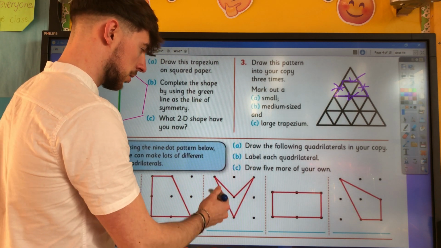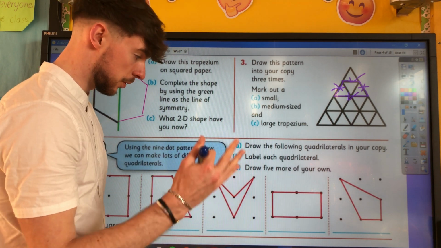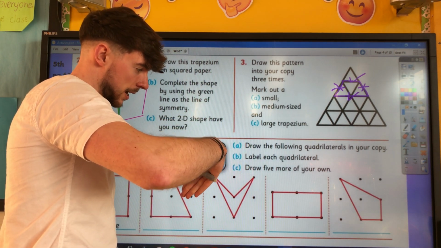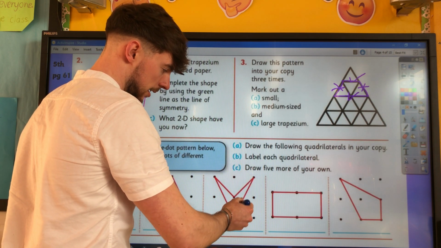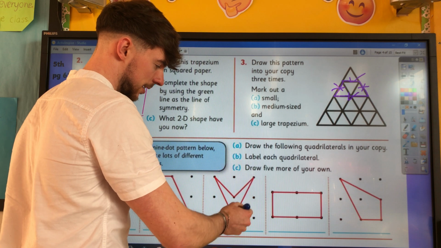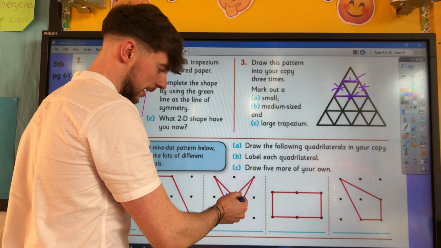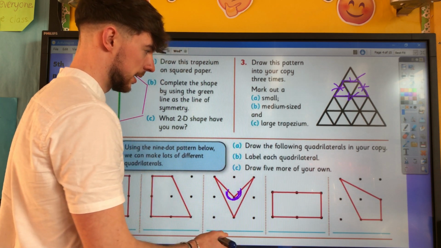Okay, so 1, 2, 3, 4 has 4 sides, but it has an inward angle, doesn't it? So it has this angle here. It's going to make 360 degrees altogether in here, isn't it? Because we have an external angle here, so it's a reflex angle. Okay, so it's a reflex angle here.